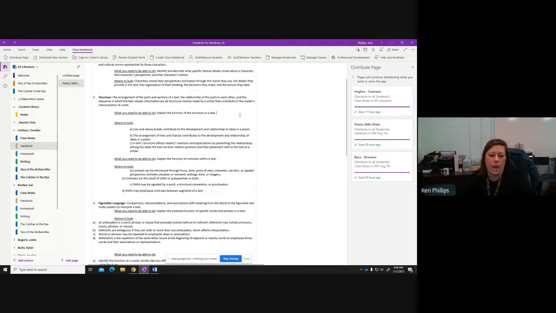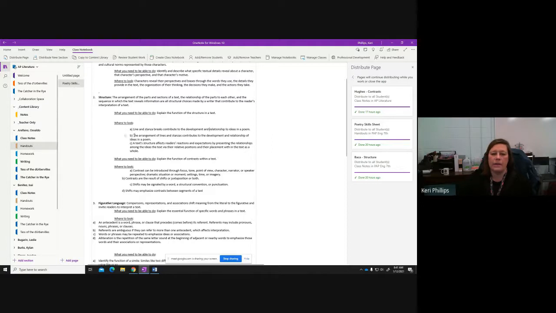So one, you need to be able to explain the function of the structure in a text. Function meaning job. What job did the structure do in this poem? And then I give you ideas about where to look, and we talked about this in the last videos. You can look in the line and stanza breaks to see how the structure is broken up.